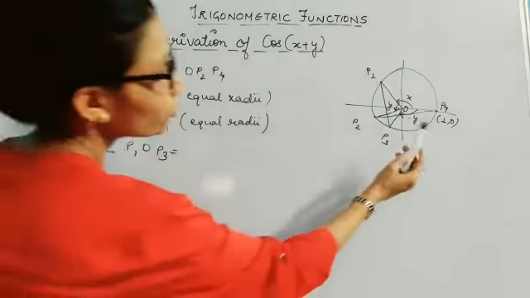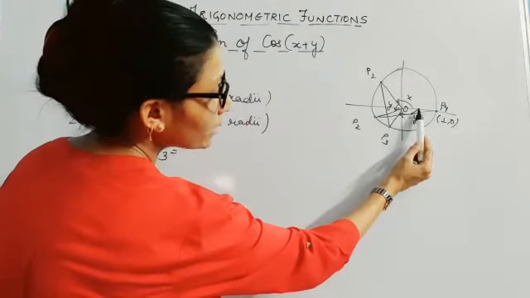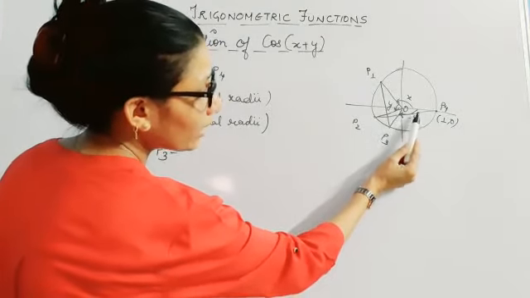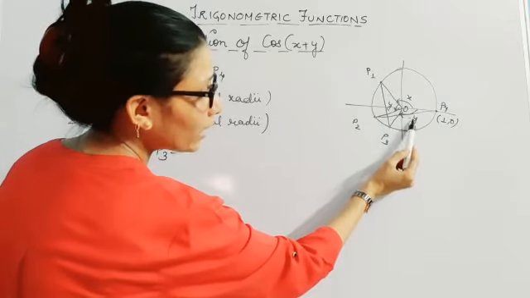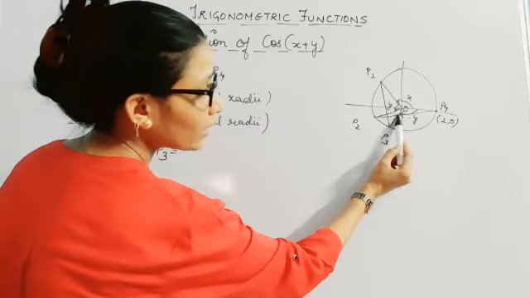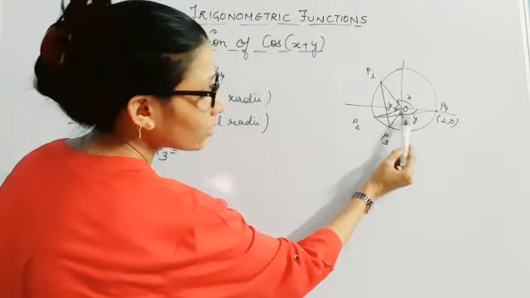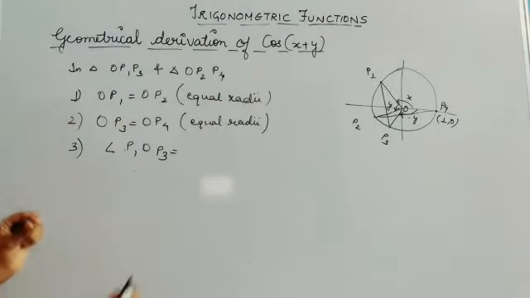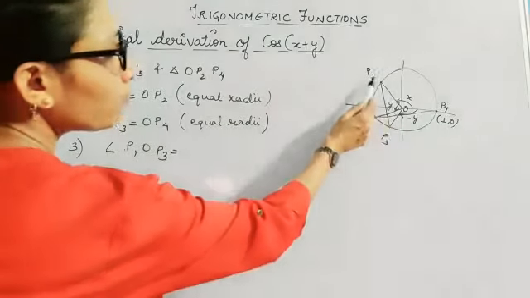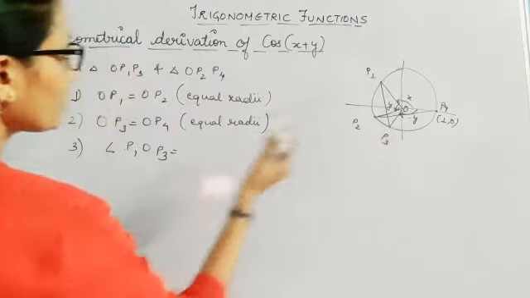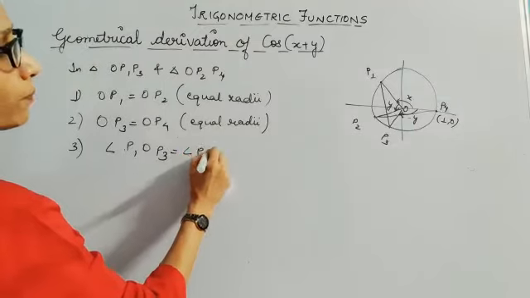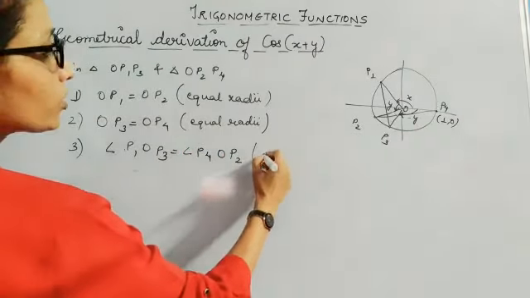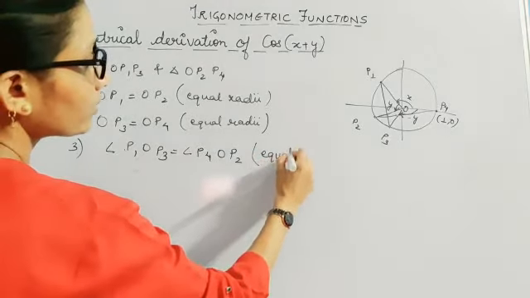Now this angle is of the same measurement as this, so I am adding Y, that means minus Y, and this extra part. Y and this extra part, minus Y and this extra part. So it will constitute an equal angle. So here I can write angle P1 O P3 is equal to angle P4 O P2. These are your equal angles.